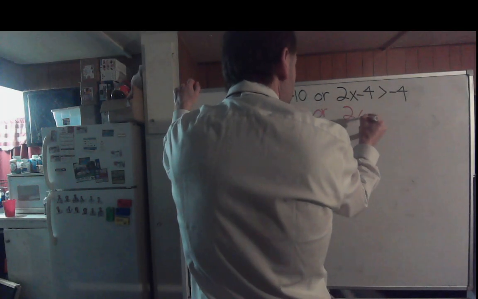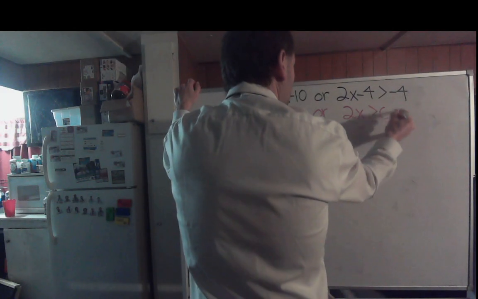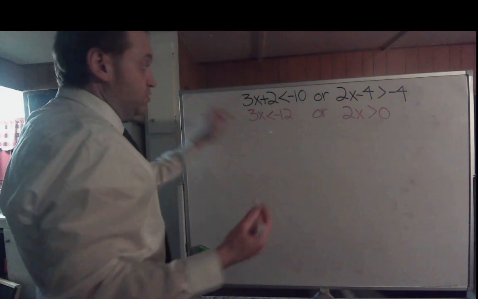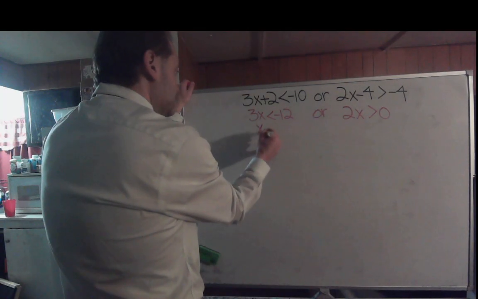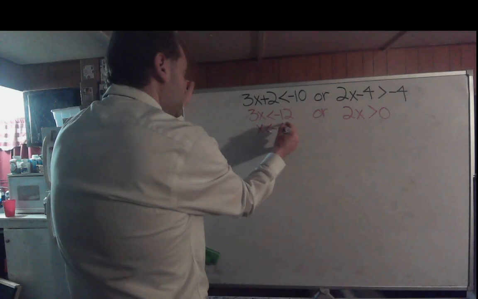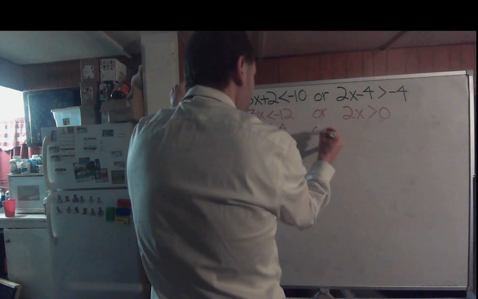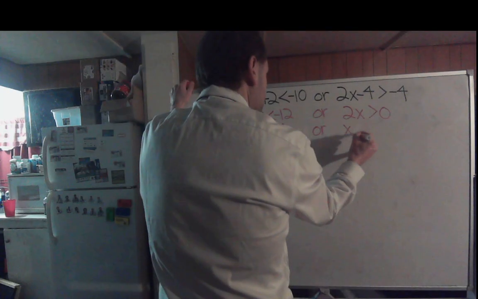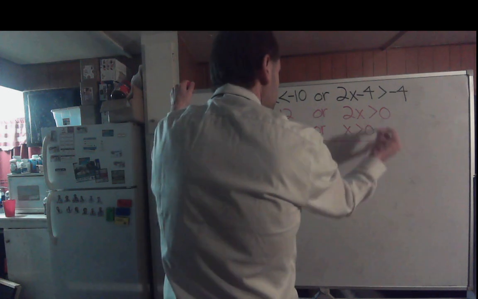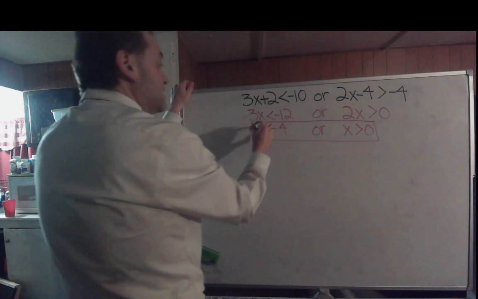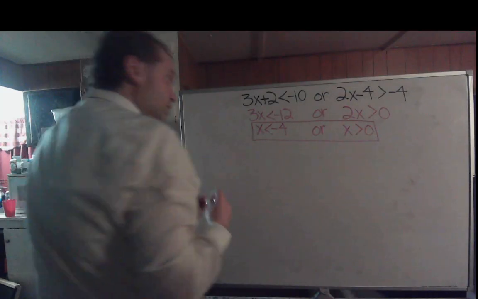You would just get that 2x is greater than 0. And then, of course, solve for x on each of these. You would end up getting that x is less than negative 4, or x is greater than 0. And those would be your solutions. x is less than negative 4, or x is greater than 0.